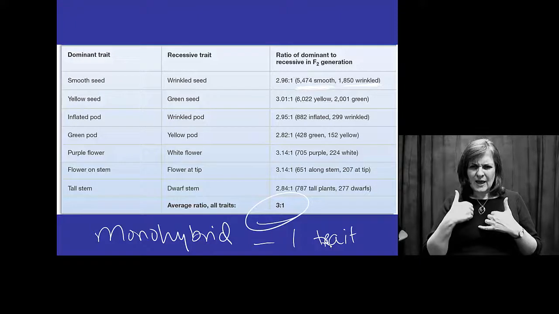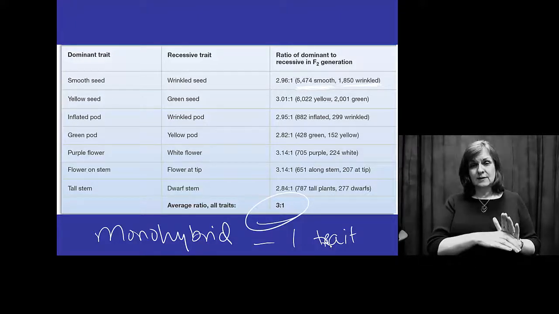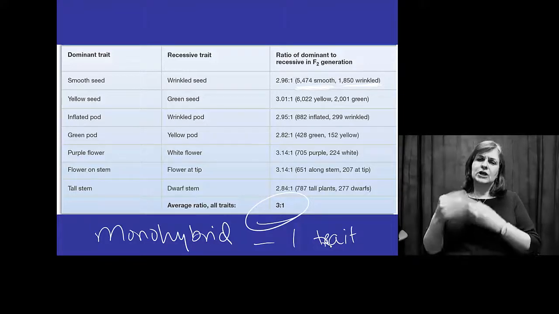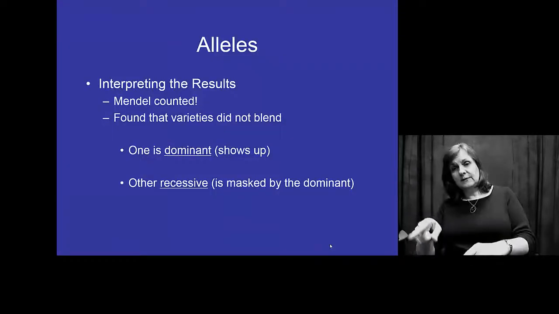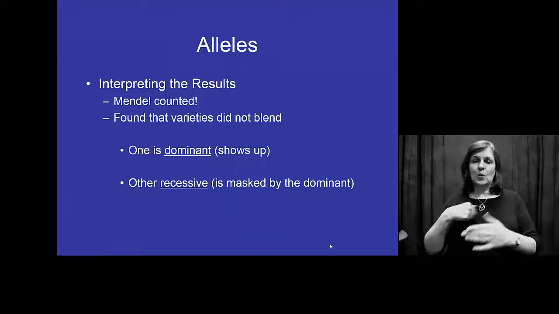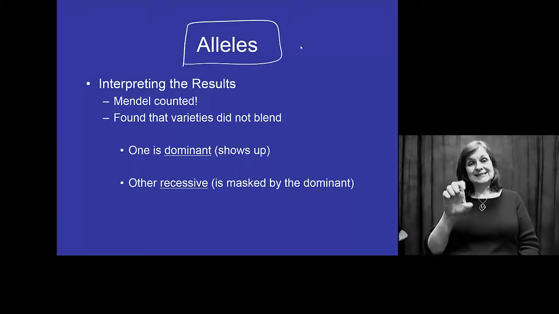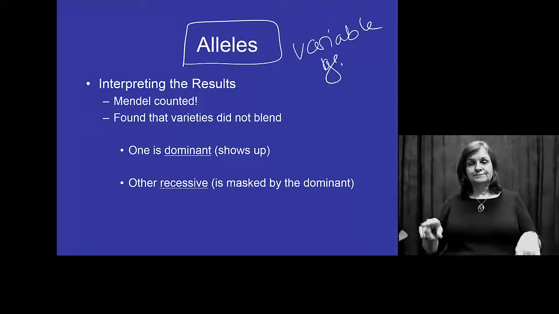I don't think you have the time now or the desire to count all of these characteristics, but it started to get him to think, all right, if things are inherited in consistent patterns, I should be able to make predictions. So he started making predictions based on what we today would call alleles. An allele is a variable gene.